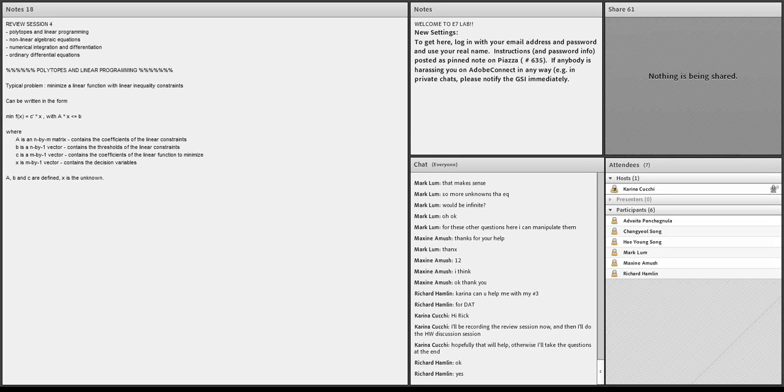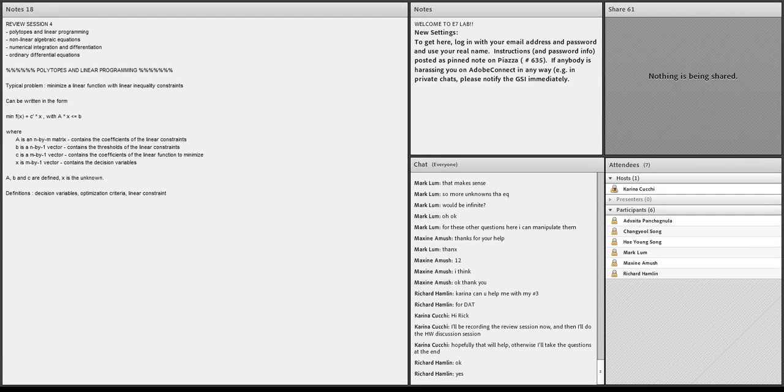So make sure that you know the definitions of linear programming. Make sure you know what decision variables are, what the optimization criteria is. So here the optimization criteria is that you want to minimize the function.